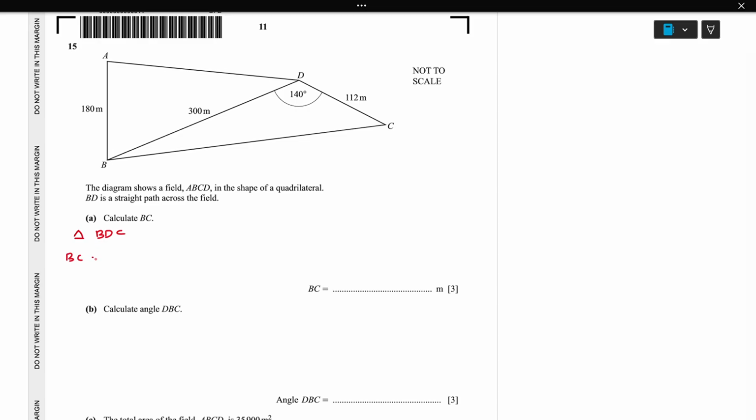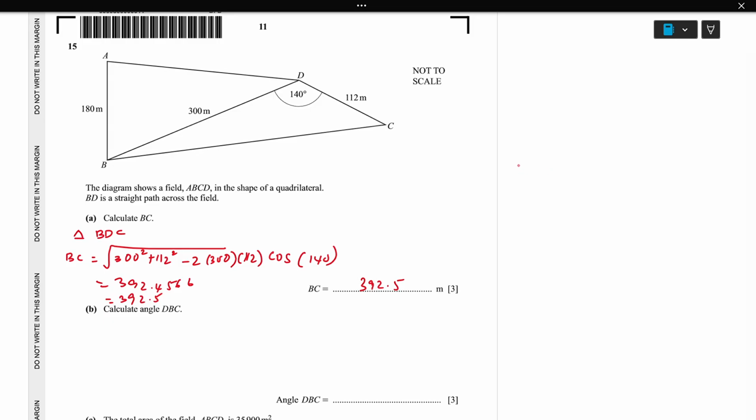BC equal to the square root of 300 squared plus 112 squared minus 2 times 300 times 112 times cos 140, which is 392.4566, which is 392.5. So the answer is 392.5.